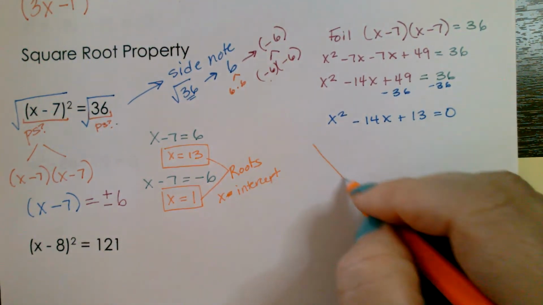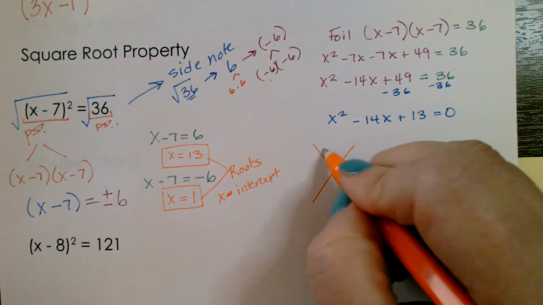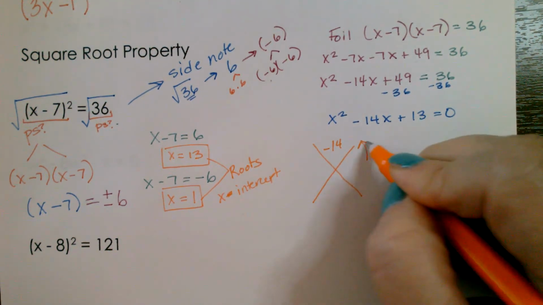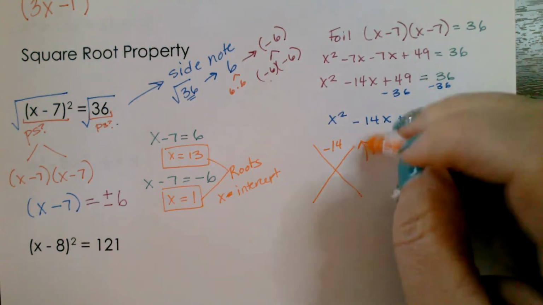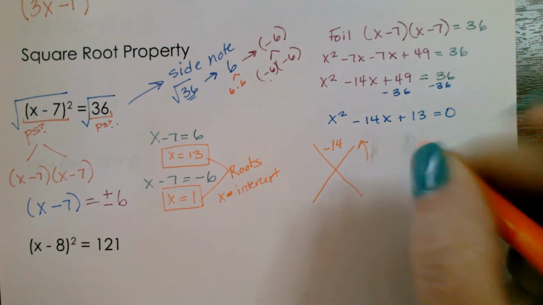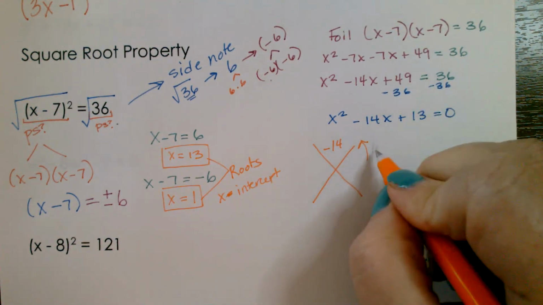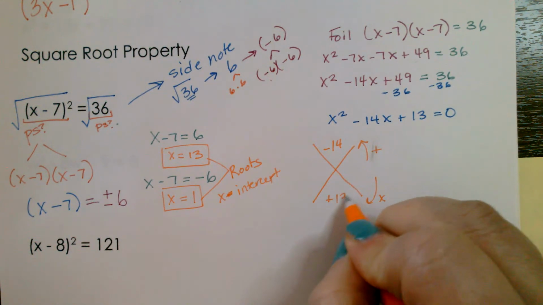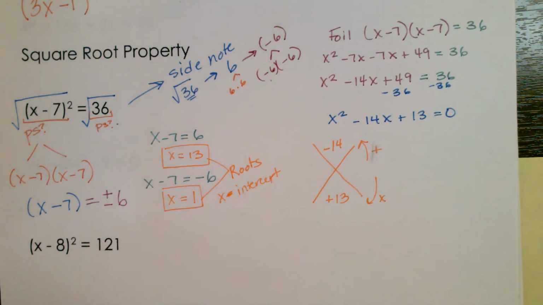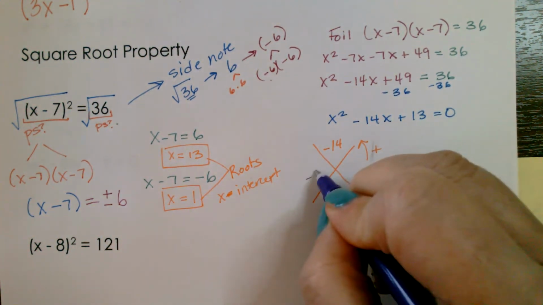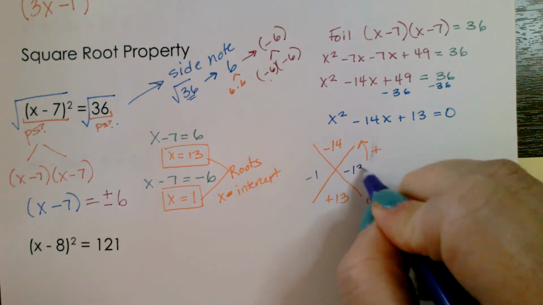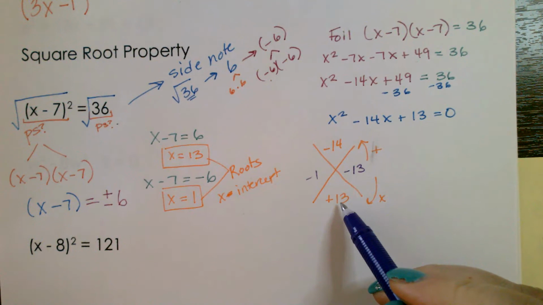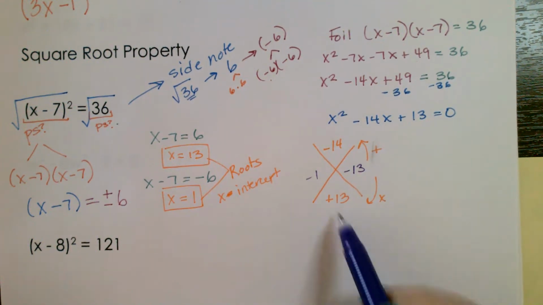Therefore, in this case, I could look for two numbers that add to negative 14, but multiply to positive 13. Those are the two numbers most students kind of forget about. Negative 1 times negative 13 gets me positive 13.